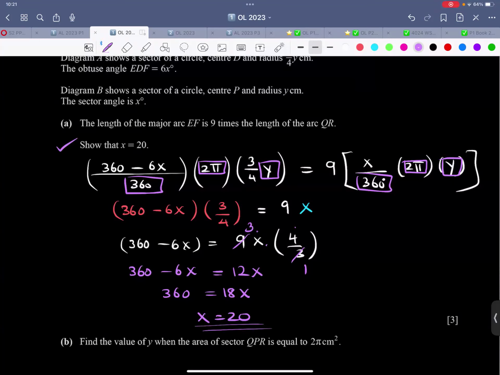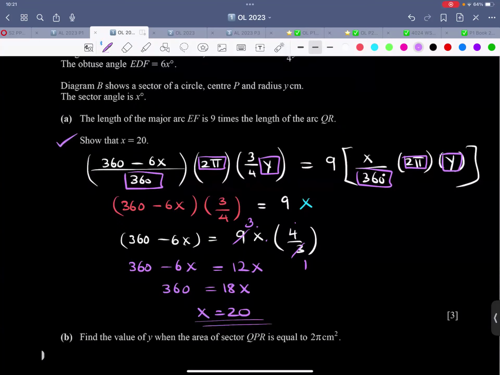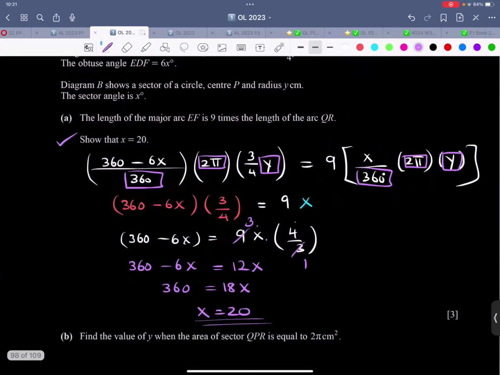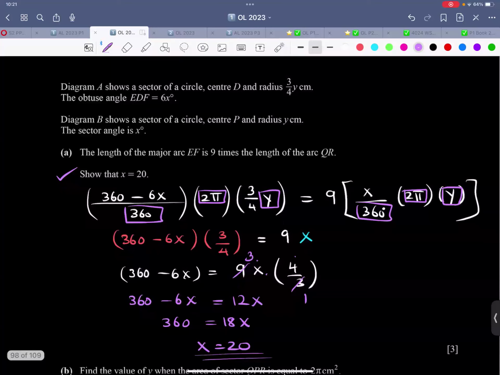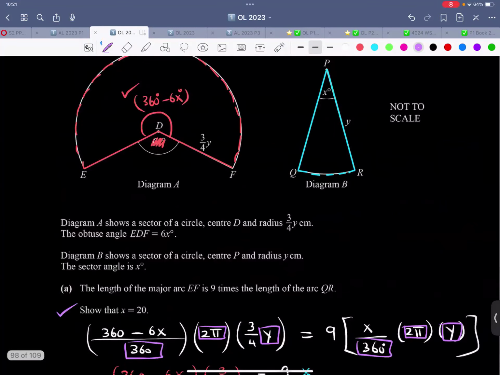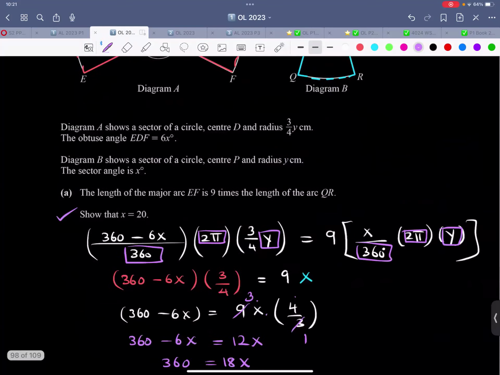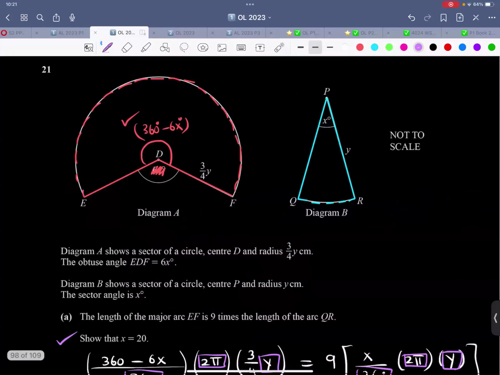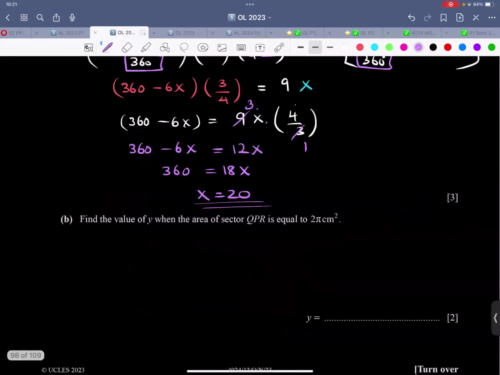So this is like a proof thing. Now it says find the value of y when the area of sector QPR is 2 pi. Now we have to use the same value of x because it does not say that the value has changed. So we are talking about the value of y when the area of the small sector QPR equals 2 pi.